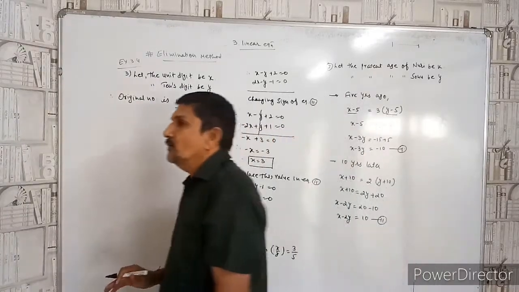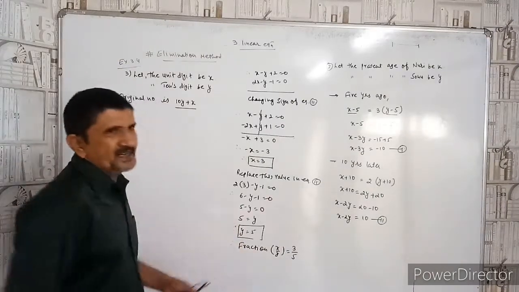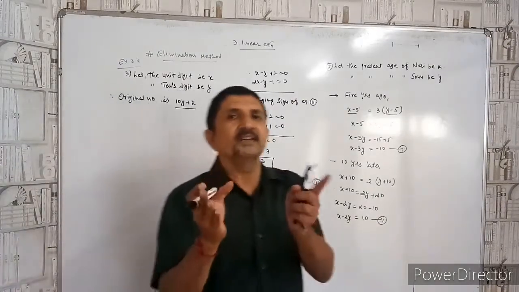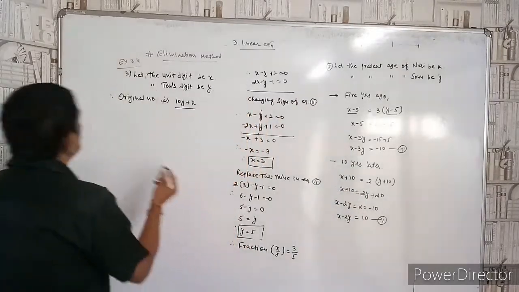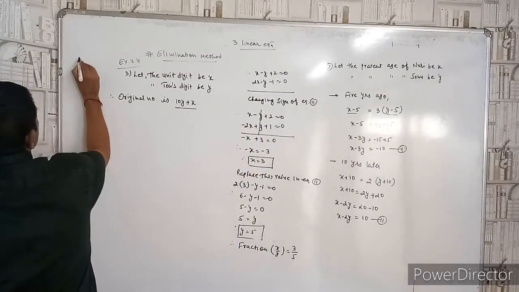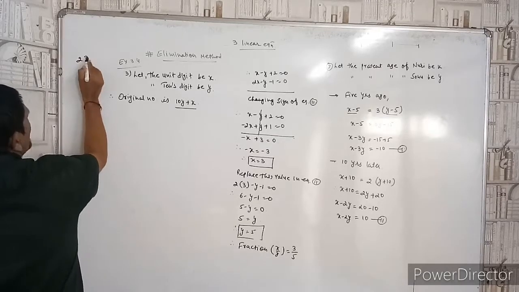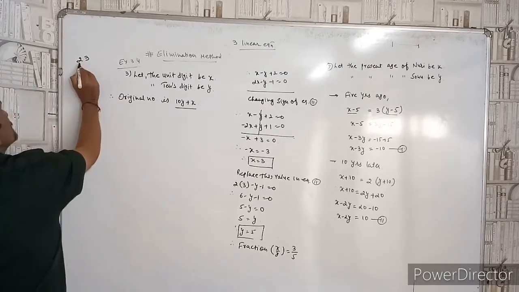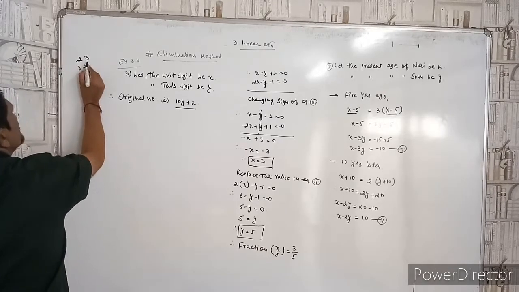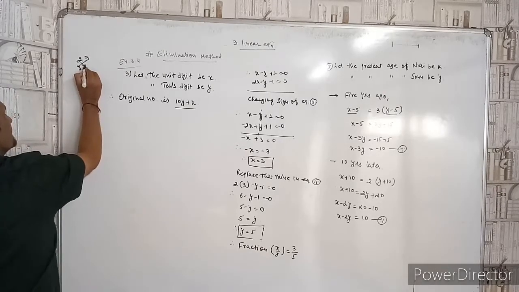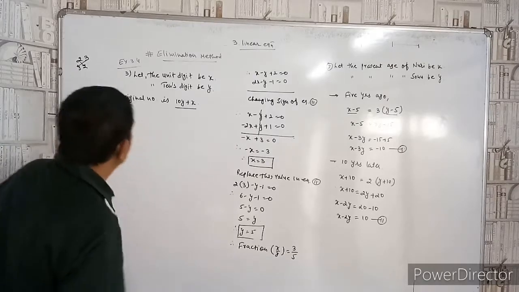Okay, now in this question generally it will be written that if we inverse or reverse the number, that will be a new number. Like we can say this is your original number, in which 3 is at the unit digit and 2 is at the tens digit. If we inverse this number it becomes 32, so this becomes tens and this becomes unit. Clear?